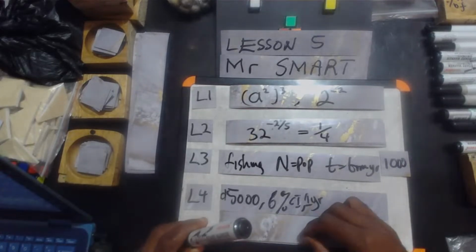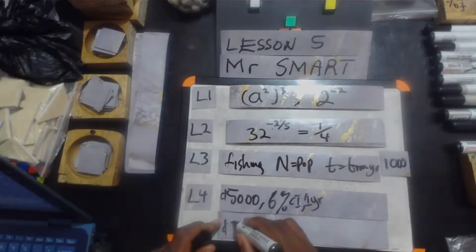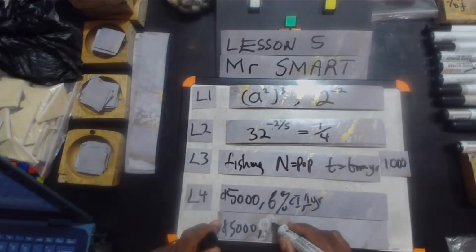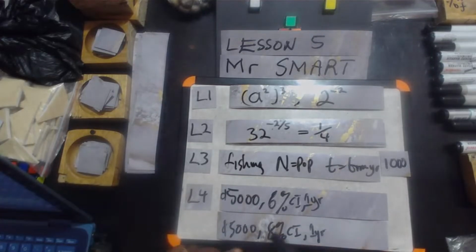And then option B is invest 5,000 at 8% compound interest also annually. That's yearly. So these are the 2 options.